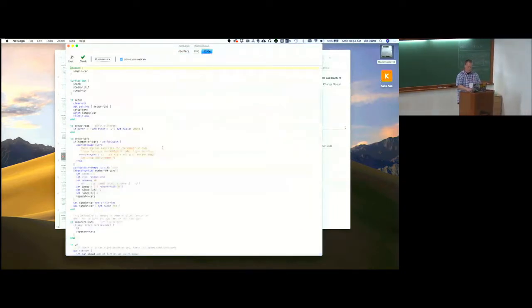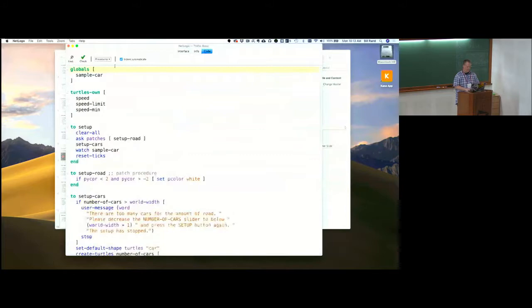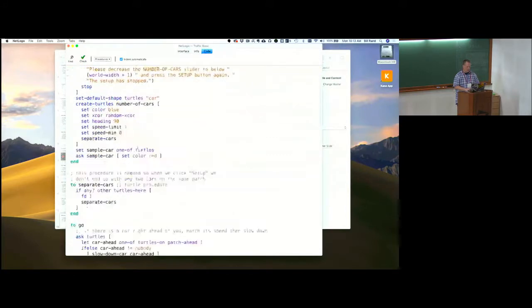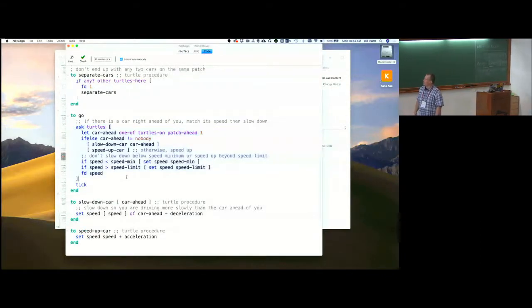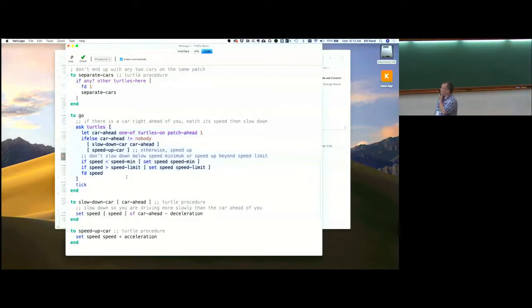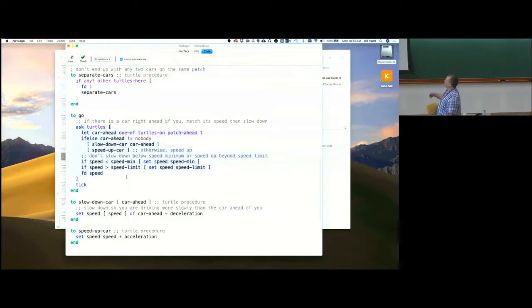So in the code tab, down to Go, which you know is the place to look, you'll see that this basically is all the code that you need to know about, right? And what does it do? It does ask turtles, let car ahead be one of turtles on a patch ahead 1, right?